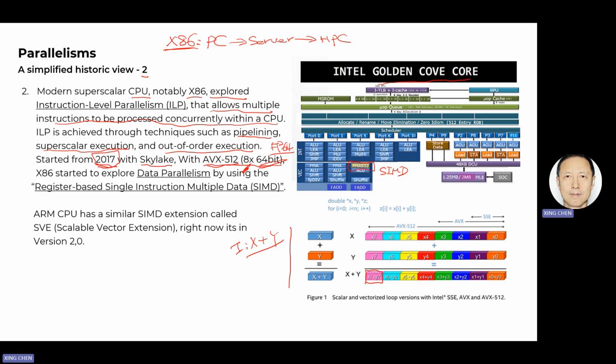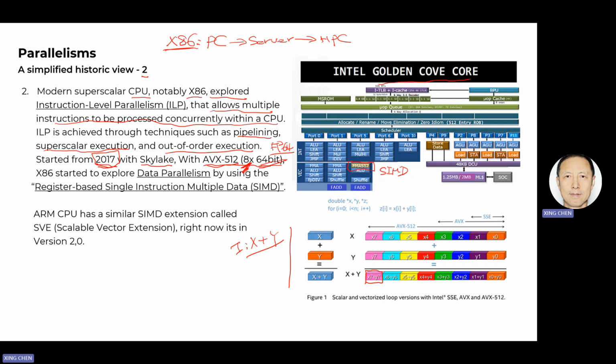So this is called single instruction multiple data. We just need to come back to the fact that here you have AVX 512. That means you have 512 bits. That's 8 times 64 bits.